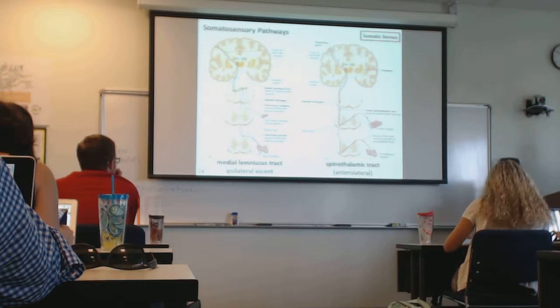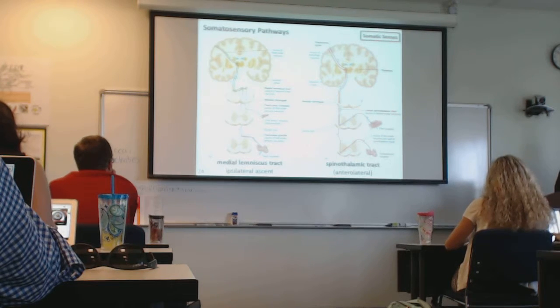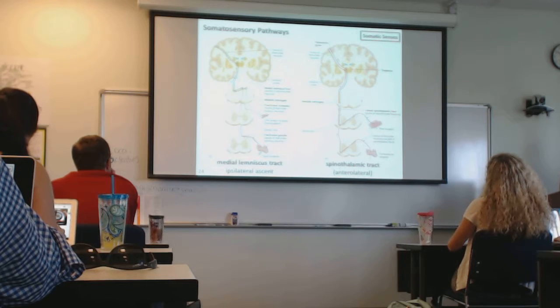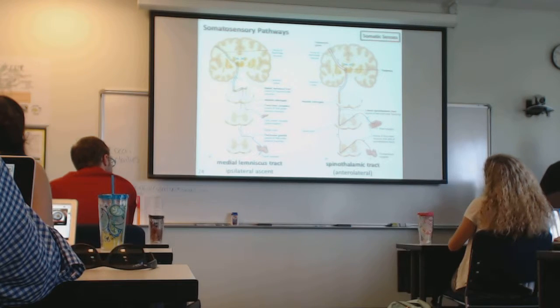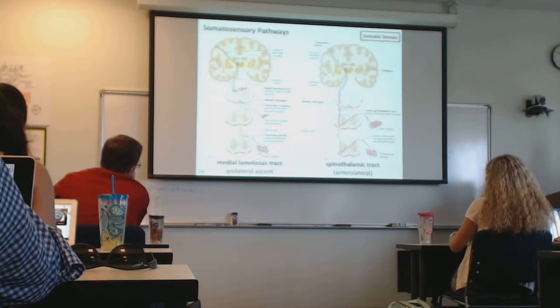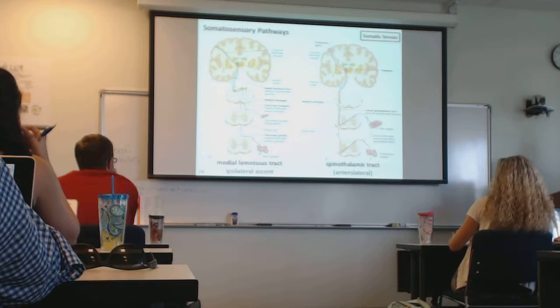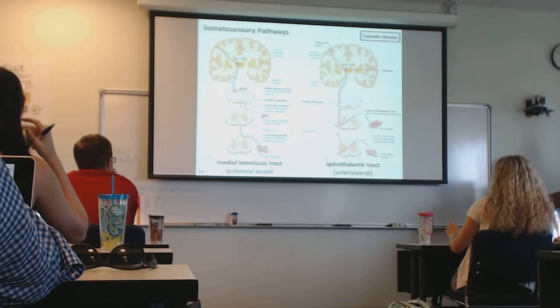Here's the axon going up. Now we're in that dorsal column. Remember, this system is also called the dorsal column medial lemniscus tract. So that's where we are. We're in the dorsal column right there. Do you see any synapses? I don't see any synapse yet, so we're going up, going up.